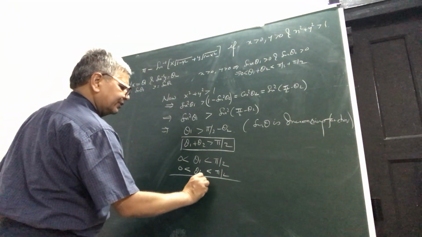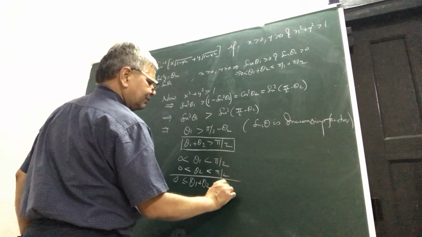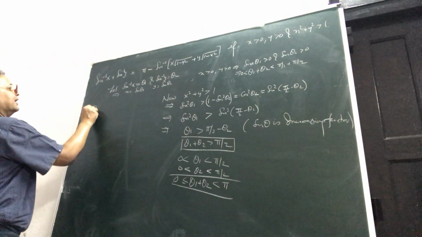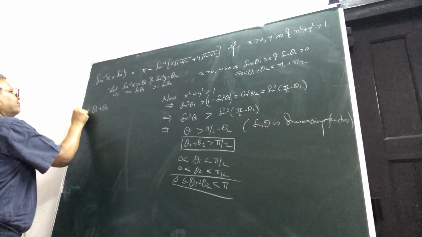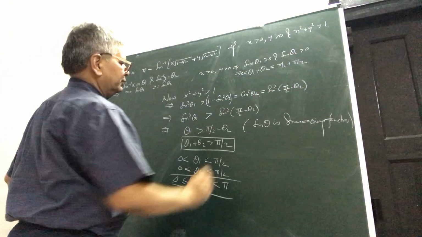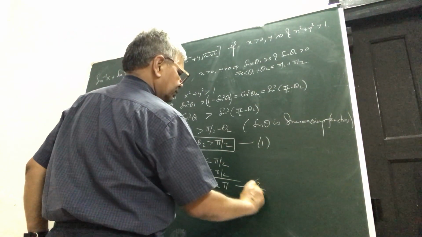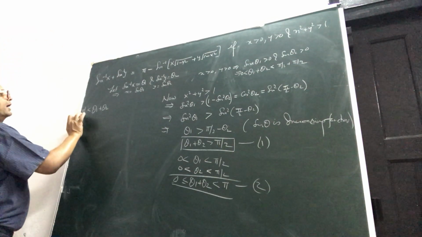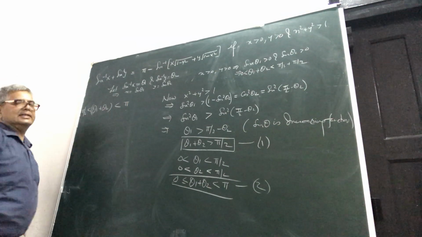Theta 1 plus theta 2 will be greater than 0, of course, and this will be less than pi by 2 plus pi by 2, that is pi. So effectively what you are getting here is that theta 1 plus theta 2 is greater than pi by 2 and from 1 and 2 you have already proved this, so we don't want this thing. From 1 and 2, what you are getting is pi by 2 is less than this thing, and this is less than pi.